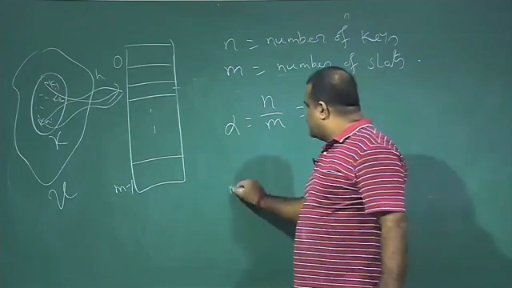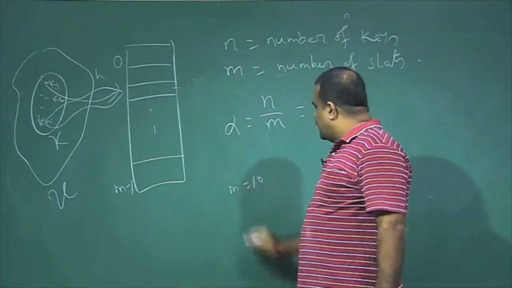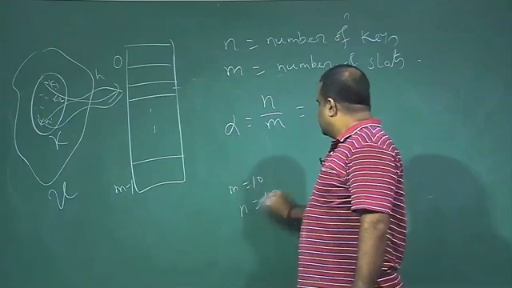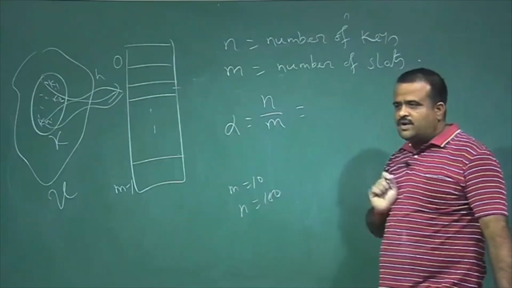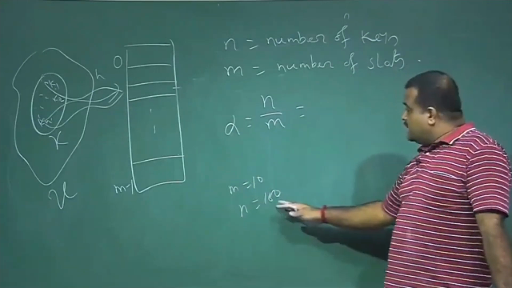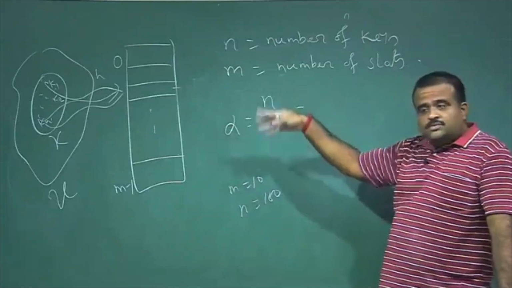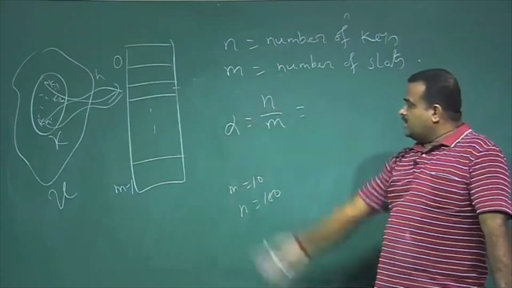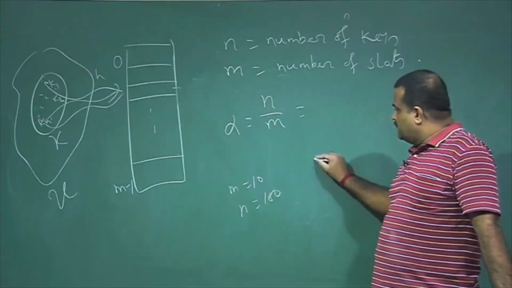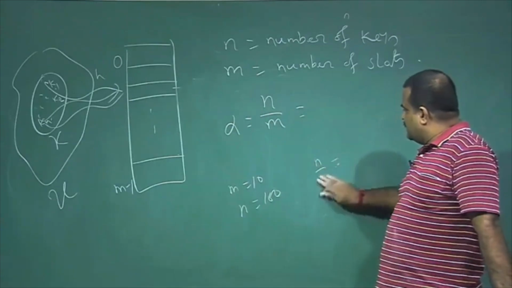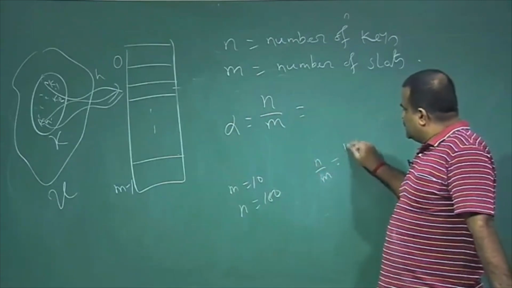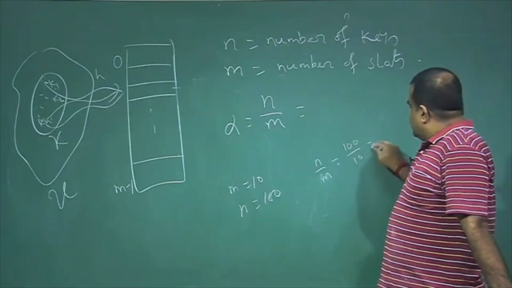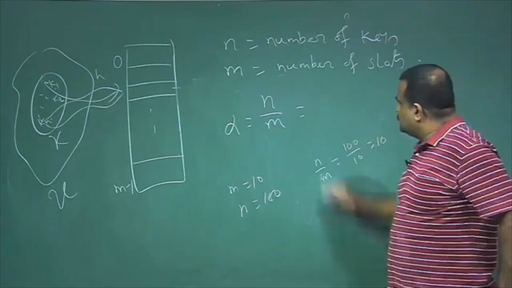So, if we have say 10 slots and 100 keys, and if our hash function is a good hash function in that sense, then it is uniformly distributing the keys among the slots. So, each slot will have roughly n by m, which is 100 by 10, 10 keys.